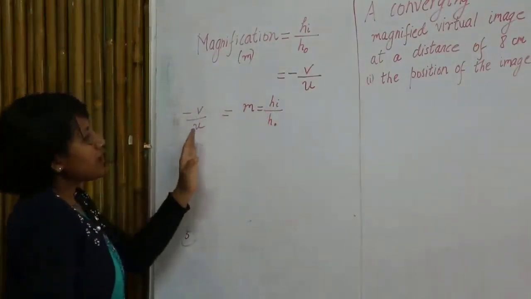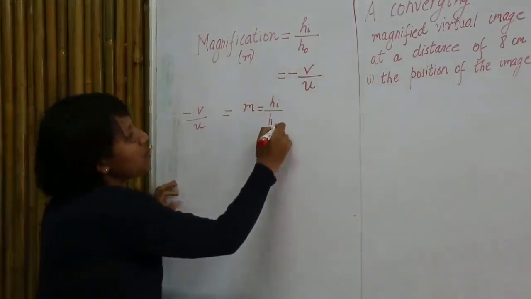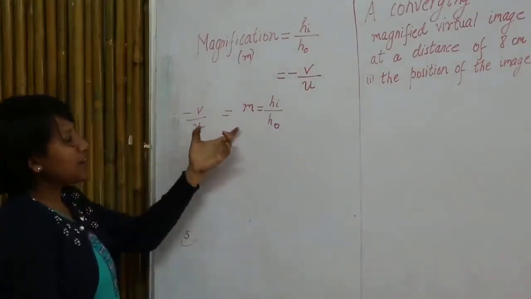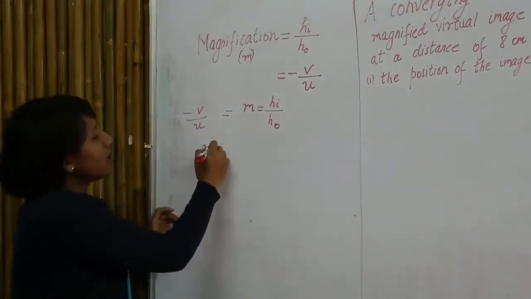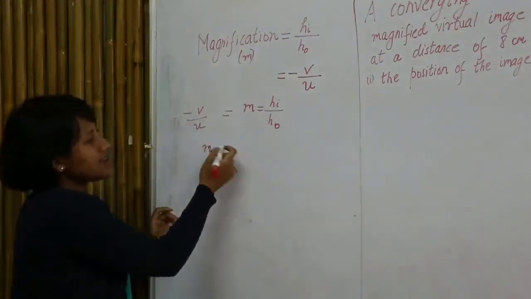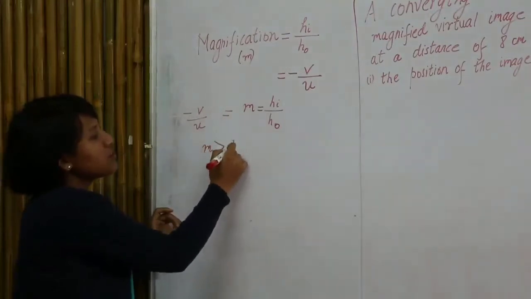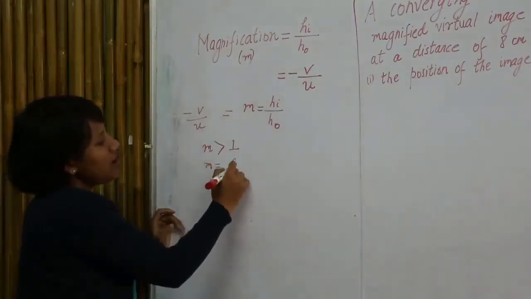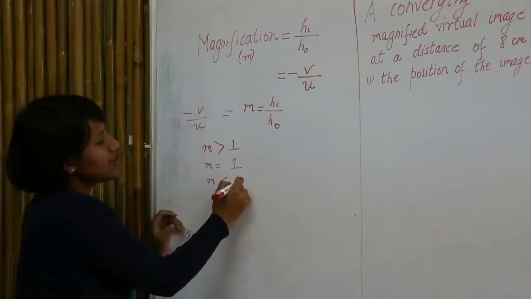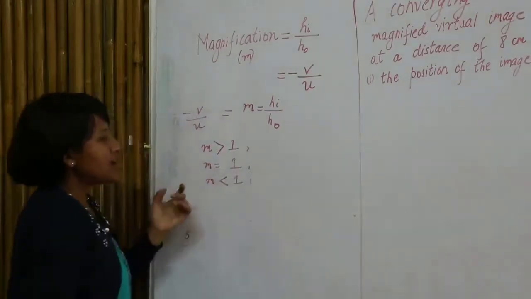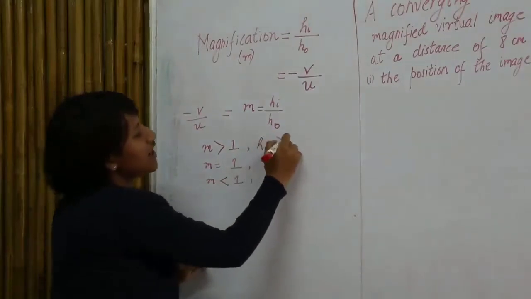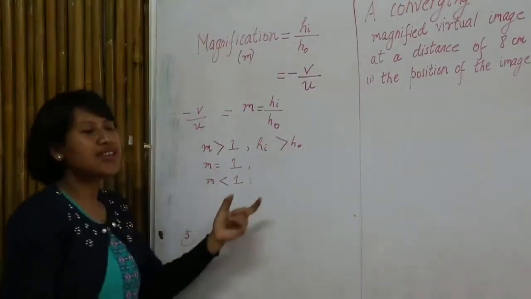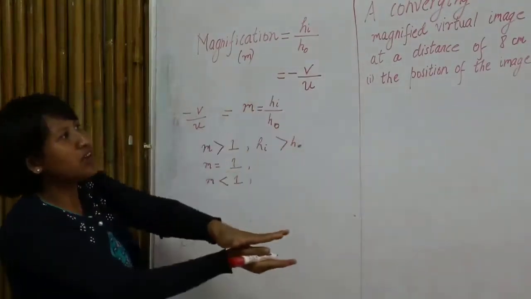This will be required for solving problems, and magnification also tells us what happens if m is greater than 1, m is equal to 1, and m is less than 1. If m is greater than 1, hi is greater than ho, meaning the image formed will be quite big.